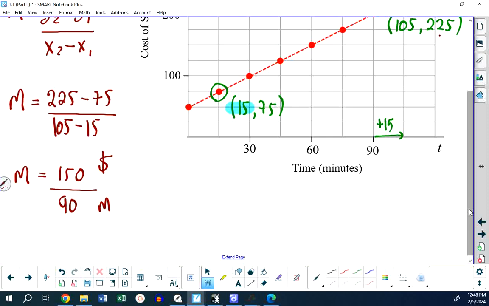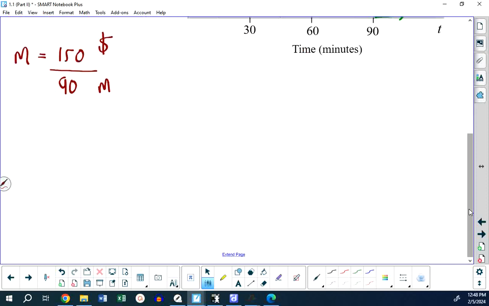I think it's 1.6666. Is that right? So we're not going to worry too much about rounding and exact values in this class. The slope is about $1.67 per minute. So what does that mean? You cannot tell me what the slope means unless you look at the units, right?